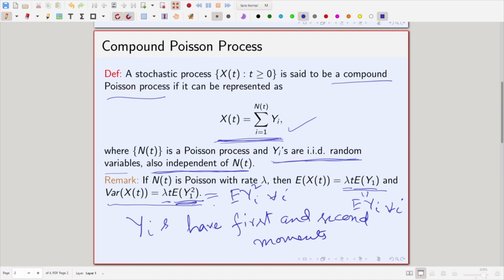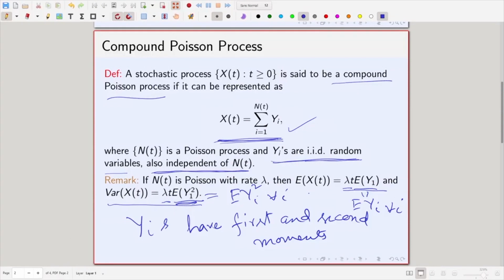Again, I have just given these as formulas and will not prove them, namely how we get the expectation of X_t as lambda t times expectation of Y_1 and the variance of X_t as lambda t times expectation of Y_1 squared. But I strongly encourage you all to try and prove these two formulas using the standard conditioning argument, here conditioning on N_t.